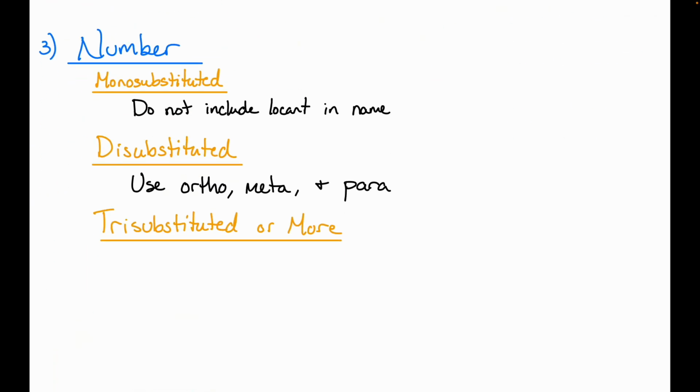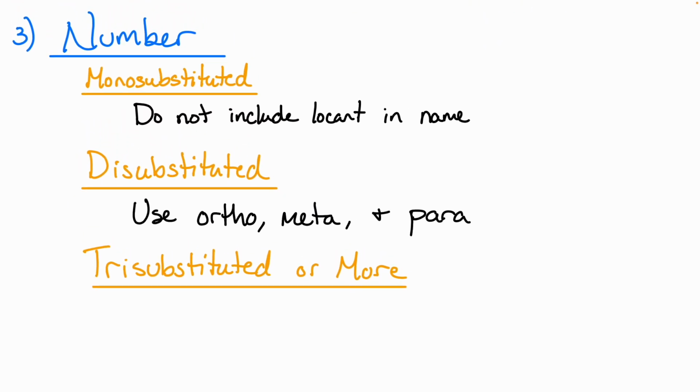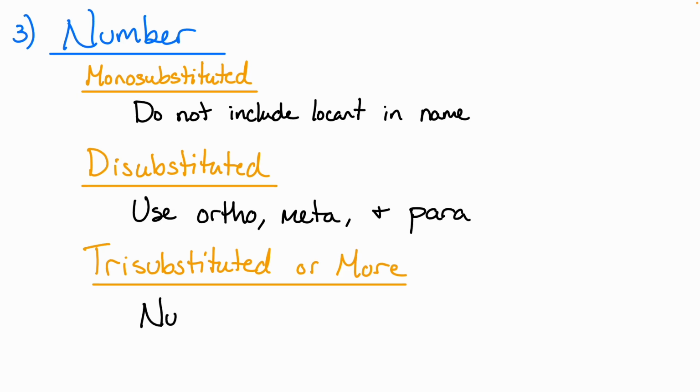Really the weird ones are these di-substituted benzenes, the idea that we have this new ortho-meta-para designation to indicate how far apart those 2 substituents are. If it's tri-substituted or more, you're just going to number the ring, and we want the lowest possible number in the name.